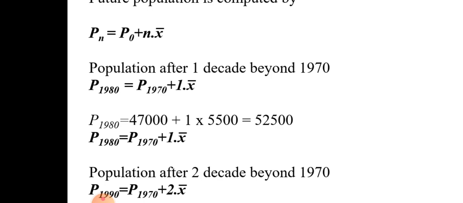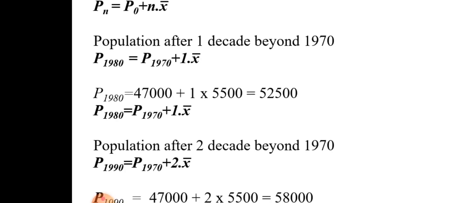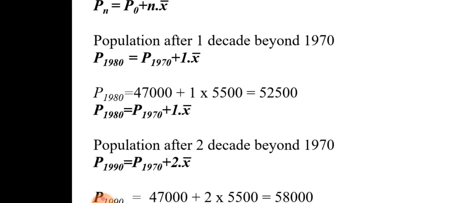By substituting these values, the population in 1970 plus 1 into x bar, we can find the population in 1980. Thus the population in 1980 is equal to 52,500.